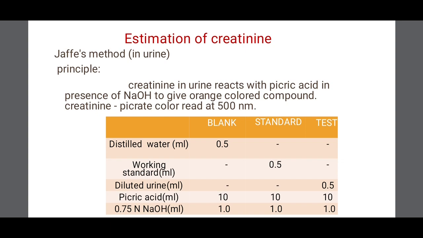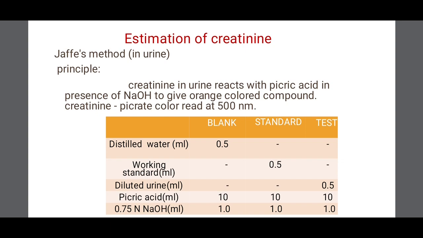Now we'll see the estimation of creatinine by Jaffe's method, in urine and also in serum; the method is the same. The principle is that creatinine in urine reacts with picric acid in the presence of NaOH to give an orange colored compound, creatinine picrate, read at 500 nanometers.